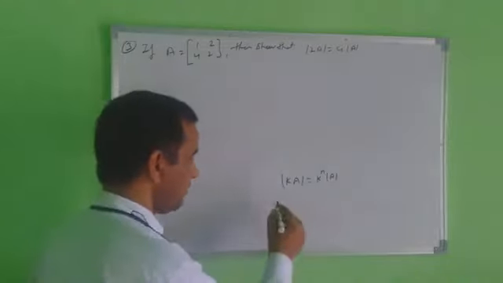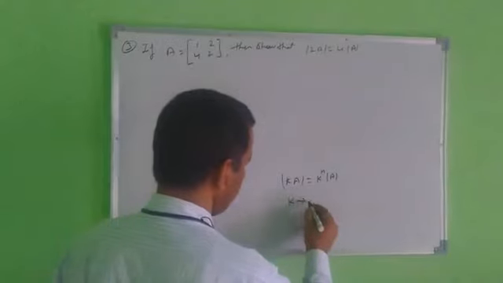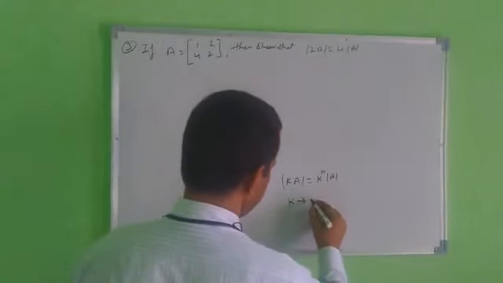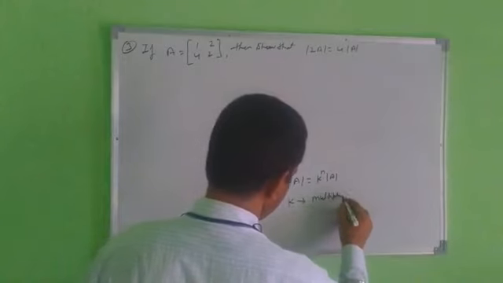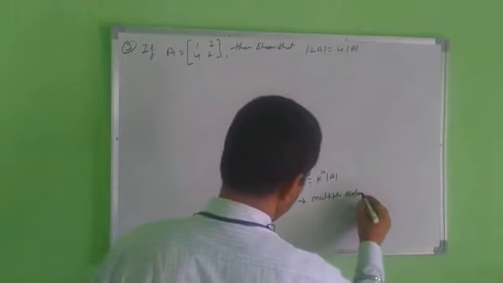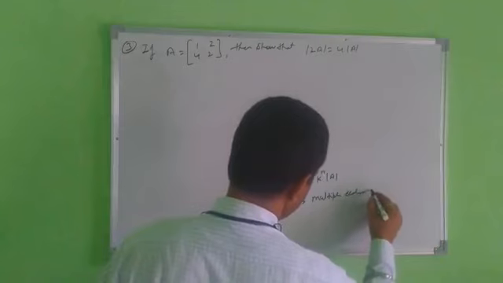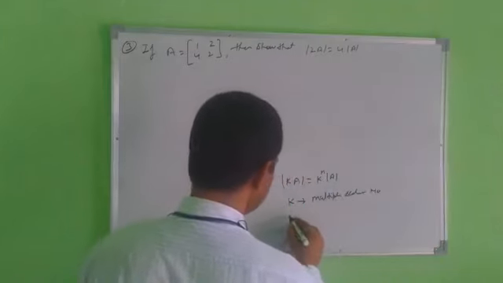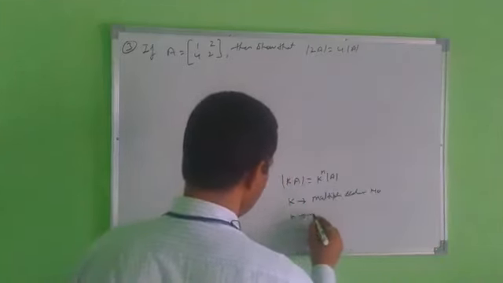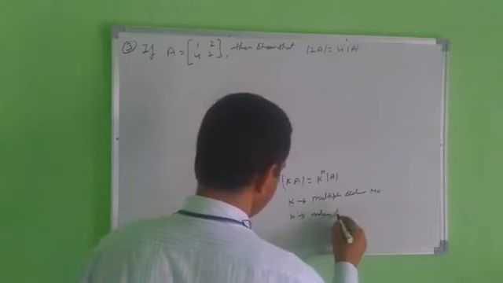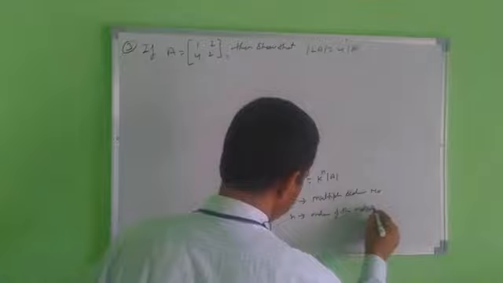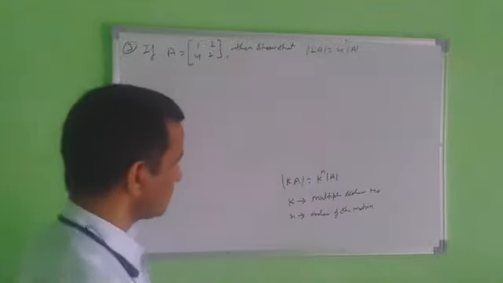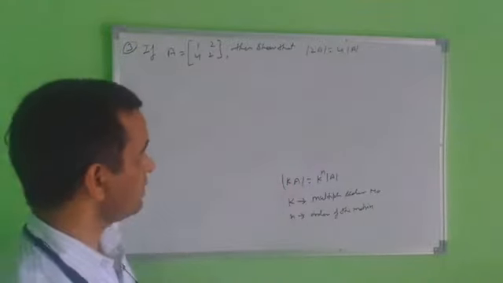So k is the scalar multiple, and n is the order of the matrix. Then you can use the shortcut trick to find this value.